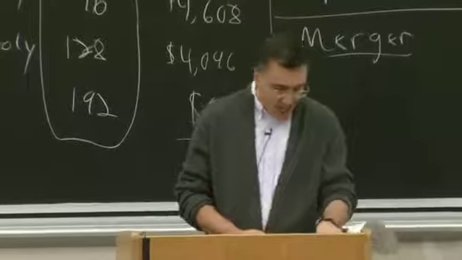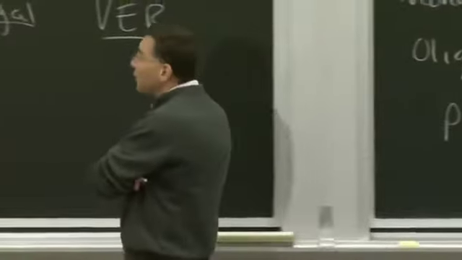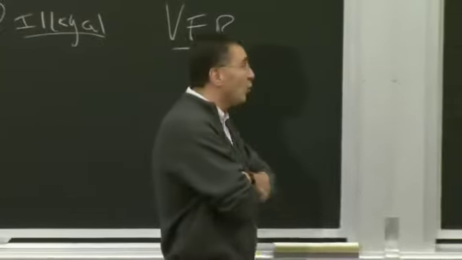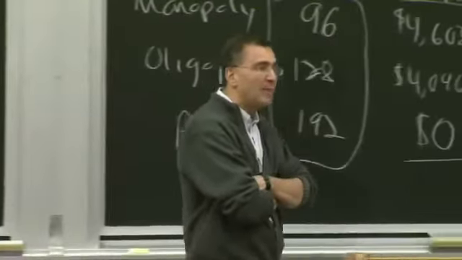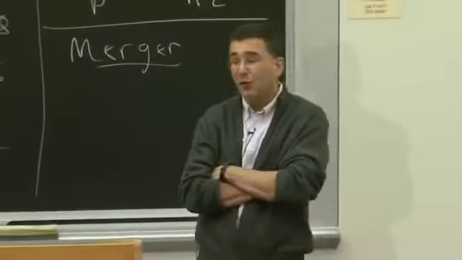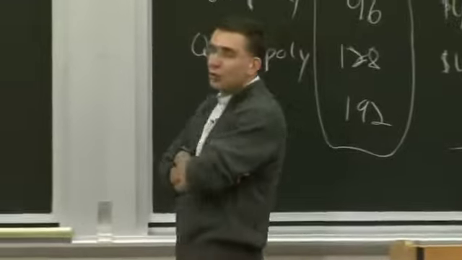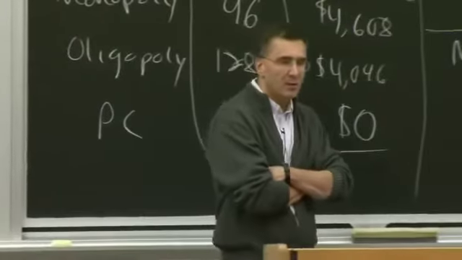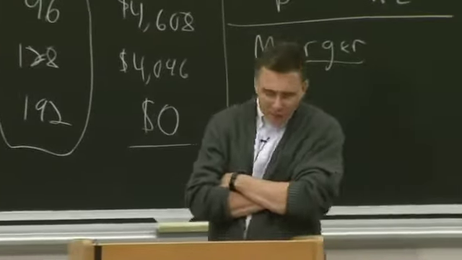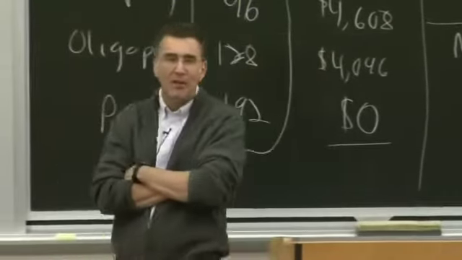Okay. Now, I want to talk about one last thing before we stop, which is the fact that Cournot competition is not the only model of competition out there. In fact, it might not even be the first one that comes to mind. If I said to you, imagine two firms competing to sell something, the first thing that comes to your mind would probably not be best response functions.